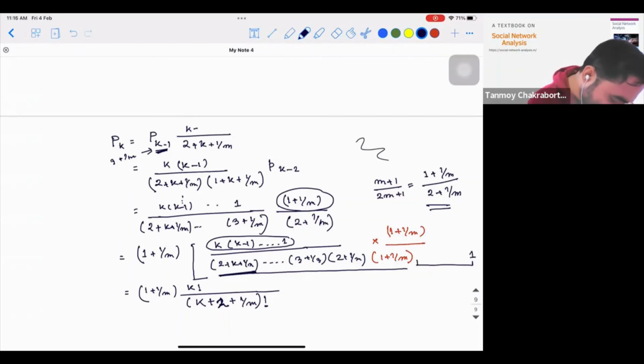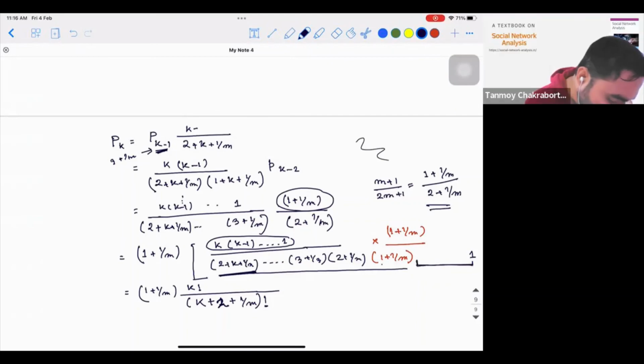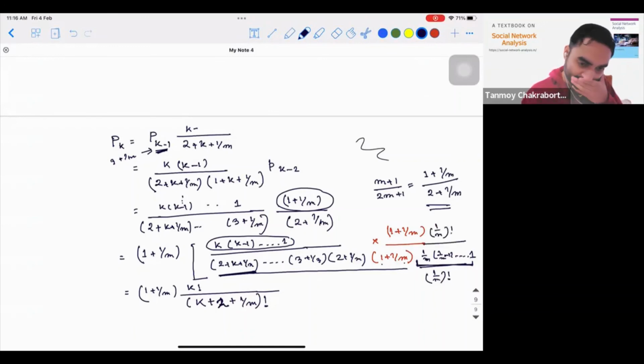So how many terms do we need to add here? We have till 1 plus 1 by m. So we need to have 1 by m, then 1 by m minus 1, and so on. Right? Yes or no? So this part is 1 by m factorial. So we need to multiply 1 by m factorial in both numerator and denominator.